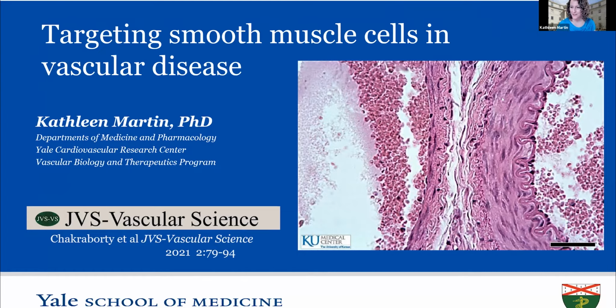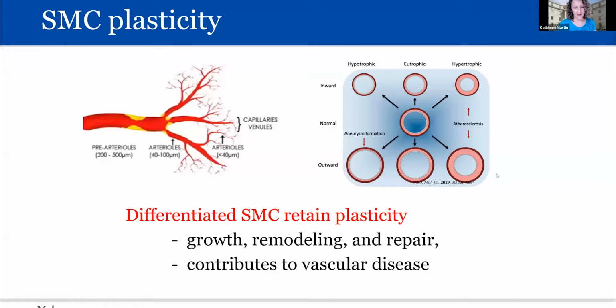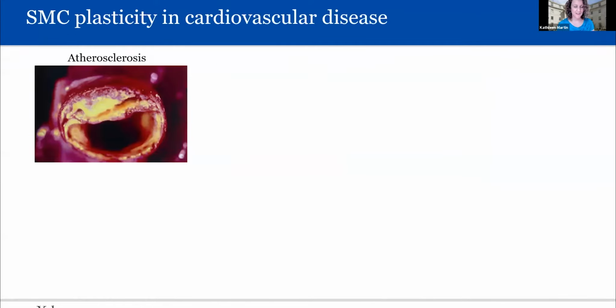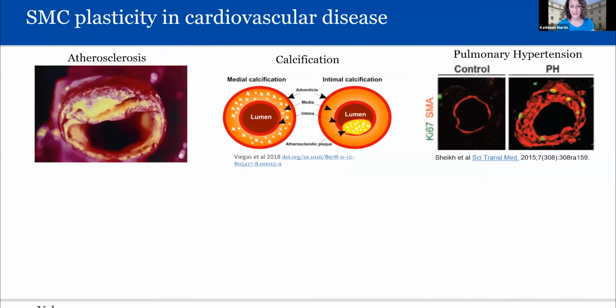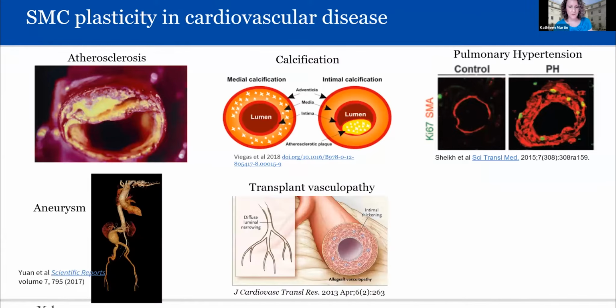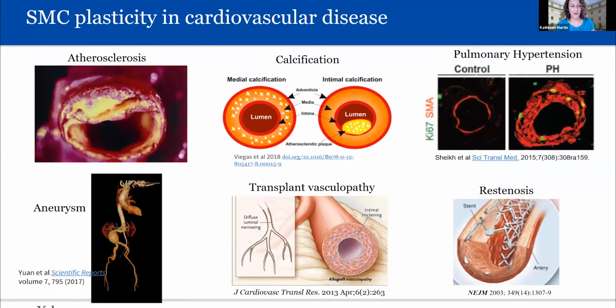The smooth muscle cells that make up our arteries and veins, even though they're differentiated, retain a remarkable plasticity to de-differentiate, and this allows them to contribute to the growth, remodeling, and repair of the vasculature, but also contributes to cardiovascular diseases, including atherosclerosis, calcification, hypertension and PAH, aneurysms, transplant vasculopathy, and restenosis.